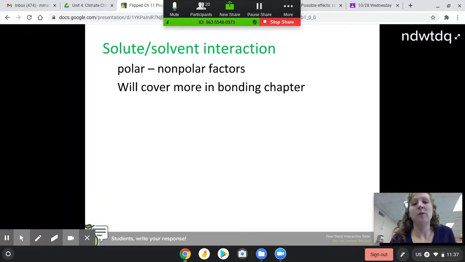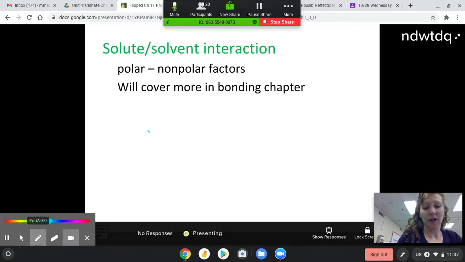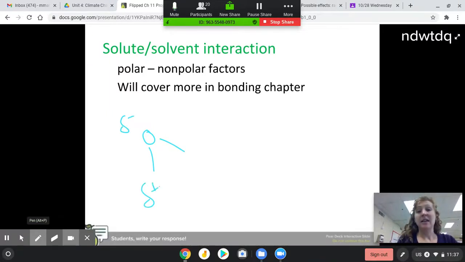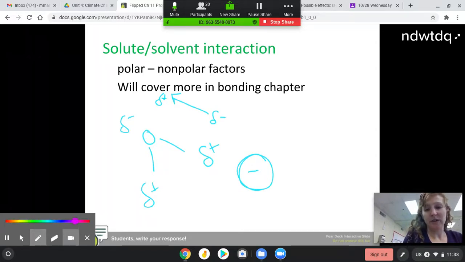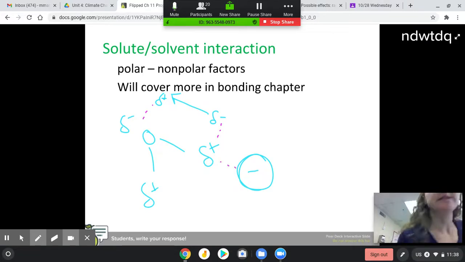In chapter 4, we found out that something that's polar, like water, that has a partial negative and a partial positive side, this is going to affect both ions, right? It's also going to affect other things with a dipole. So other molecules that have a partially positive and a partial negative end, these are going to have interactions with each other also.